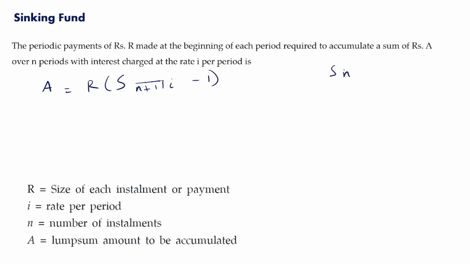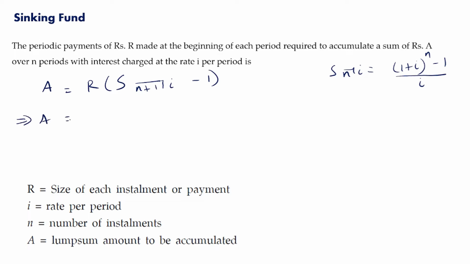We already saw S angle n at i rate per period, the future value annuity factor, is (1 plus i) the whole raised to n minus 1 upon i. Here S angle n plus 1 at i rate per period will be (1 plus i) the whole raised to n plus 1 minus 1 upon i.